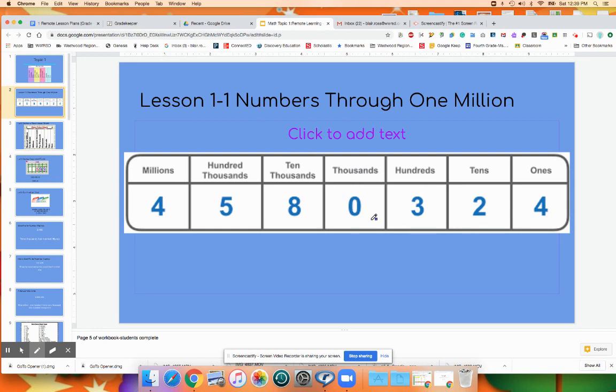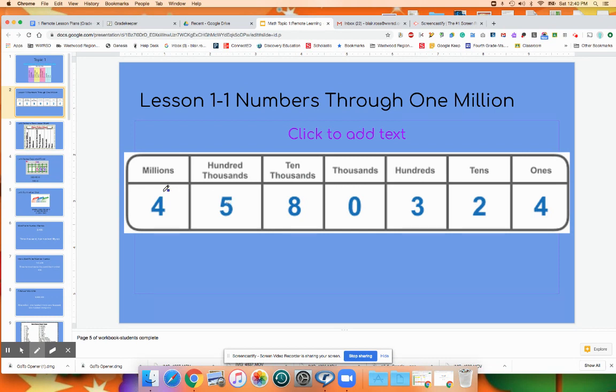We have a 0 here holding the place, so there is no value there. Next is the 10,000s place. We have the 8 holding it. That means we have 8 10,000s or 80,000. After that is the 100,000s place, and the digit here is 5. So that means we have 500,000.